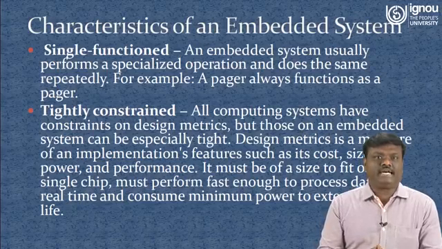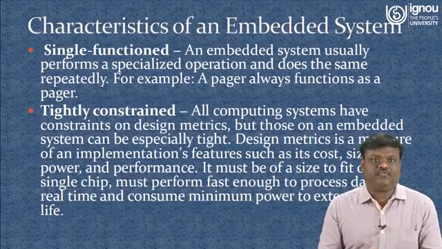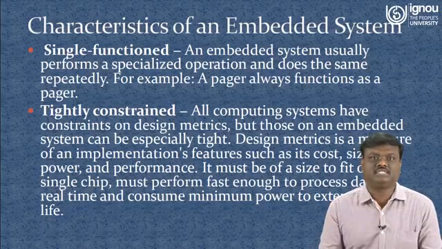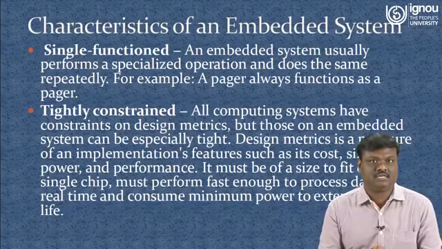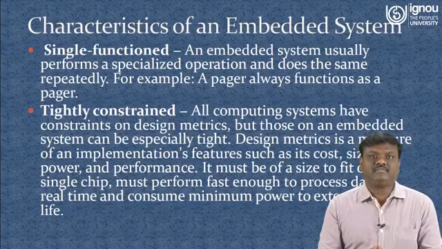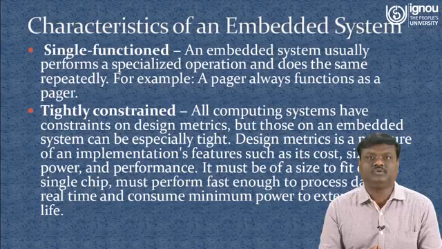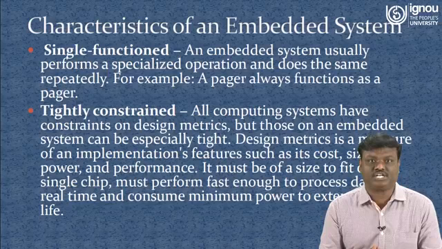Coming to the characteristics, one thing is that it is mainly single function. In most of the systems that we have seen in the list, the embedded system is inbuilt with a single function. Suppose there are 3 functions to be catered to, then 3 different kinds of embedded systems may be inserted into the system depending upon the functionality.